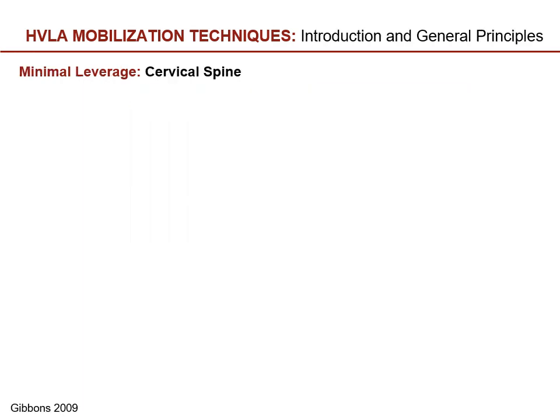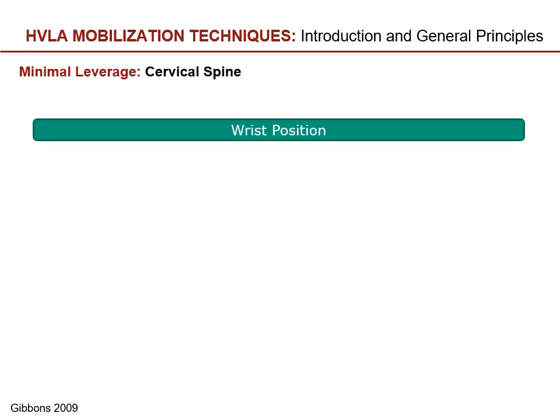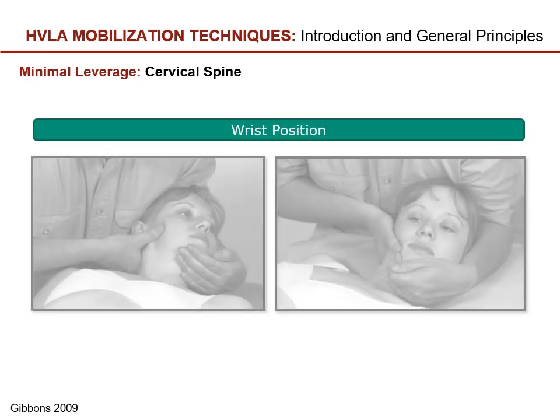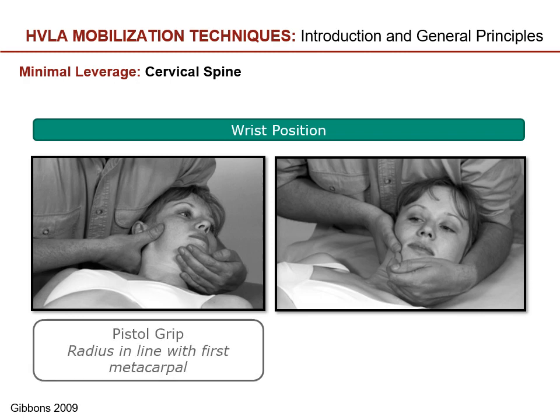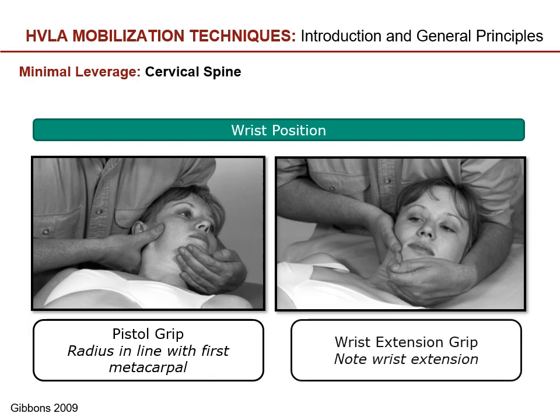A variable factor for the chin grip position is the wrist position of the short lever applicator. That is referring to the right wrist of the operator in this case. So you can have the pistol grip where the radius is in line with the first metacarpal, or you can have more of an extended grip or extended wrist.